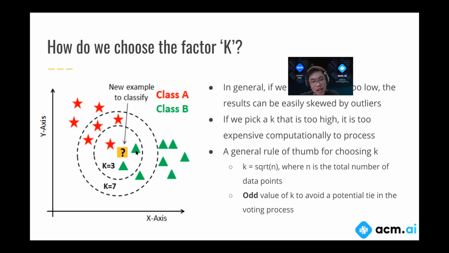So I think it's pretty likely that this question mark will be classified as a triangle, even where k equals 7, because these three stars should have a lower weight assigned to them since they're pretty far. That would potentially fix the dilemma that we're running into.